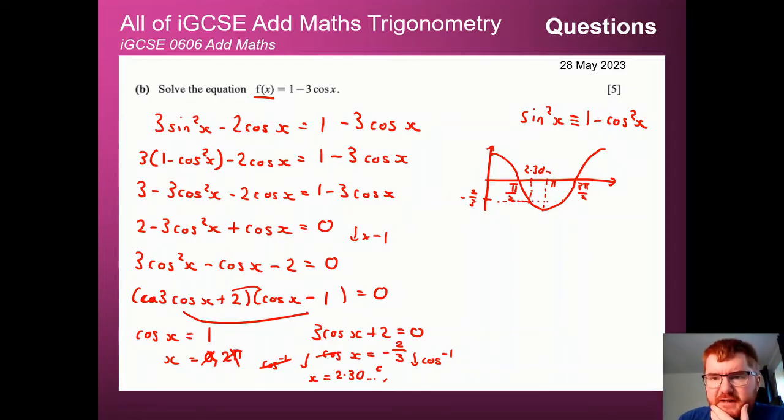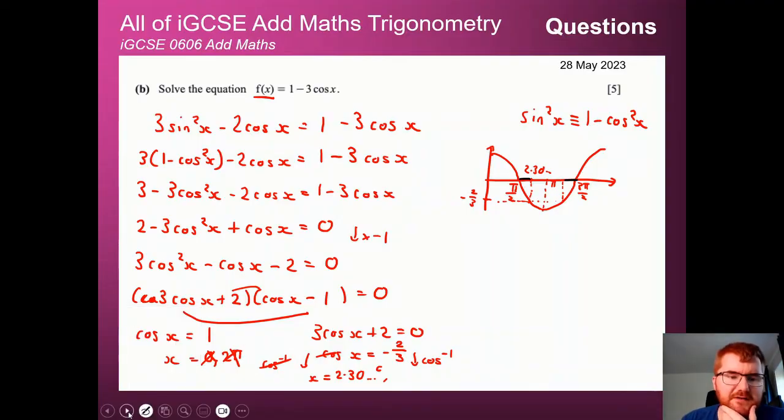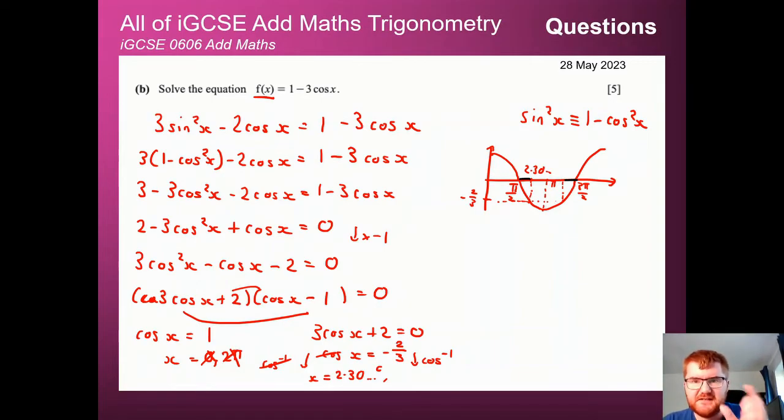But we also want to check if this answer also fits in our domain. So this length here is the same as this length here. We're going to do this very similar to how we did the previous question. This is why, in this video, do watch through these questions nice and carefully. So we want to find the distance between 2.30 and pi over 2.